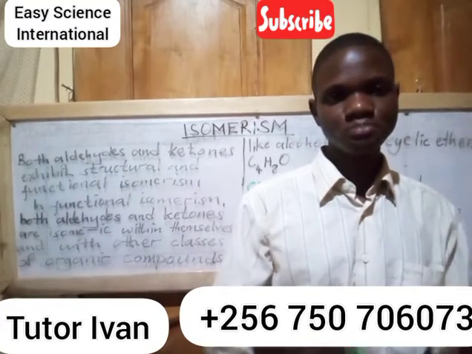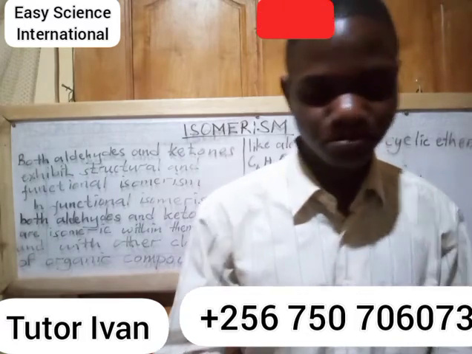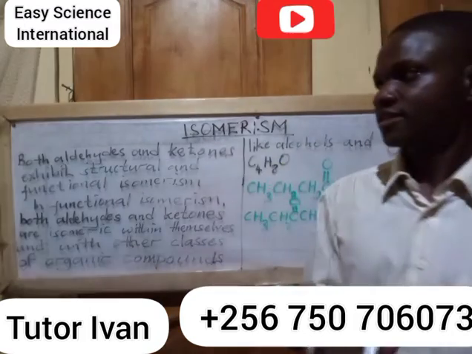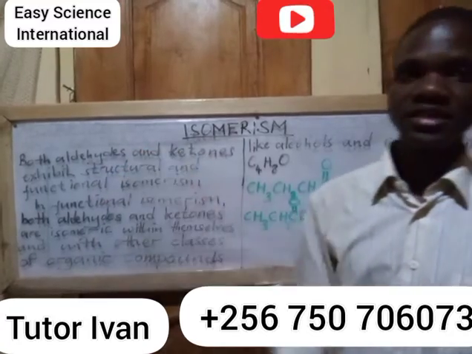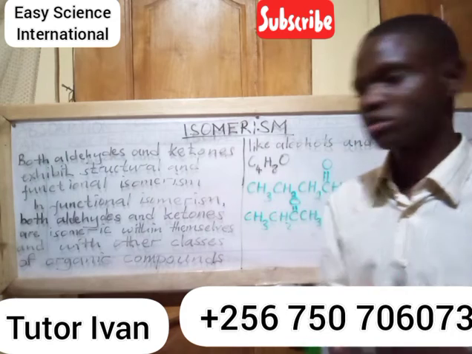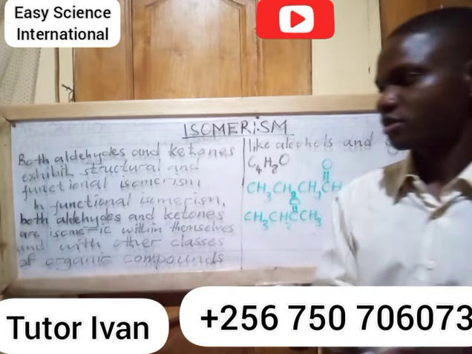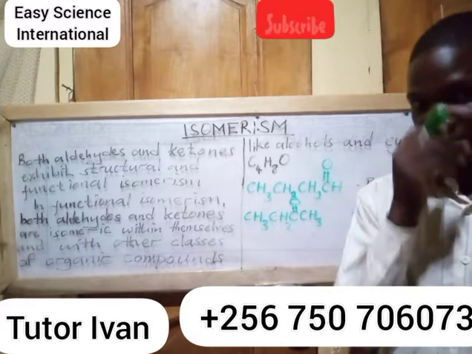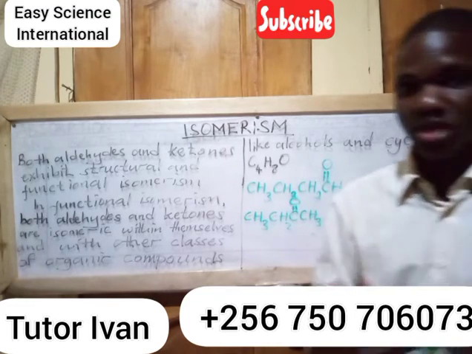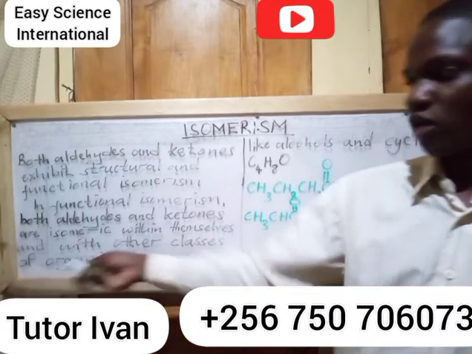So basically that is functional isomerism under the carbonyl compounds. We've said that both aldehydes and ketones exhibit structural and functional isomerism. For the first segment, we've looked at functional isomerism, and we've seen that both aldehydes and ketones are isomeric within themselves and with other classes of organic compounds.